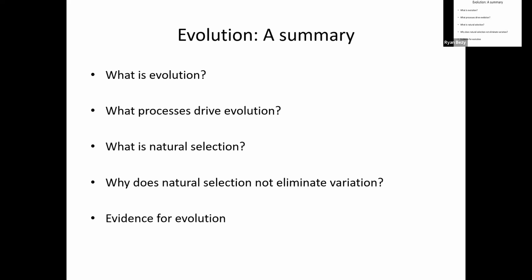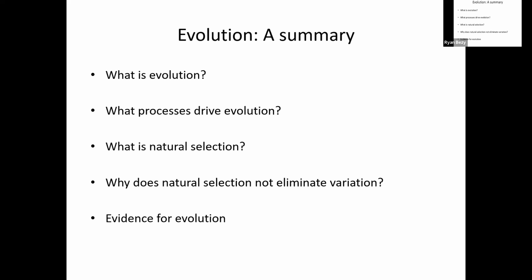But then we'll also talk about some limits on natural selection. If it's constantly selecting for the most beneficial traits in a population, why does it not simultaneously eliminate variation? Instead, natural selection often promotes variation in populations. So we'll talk a little bit about that dichotomy as well.